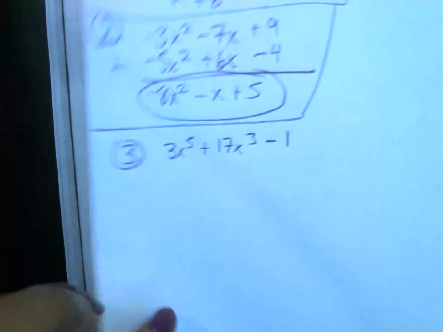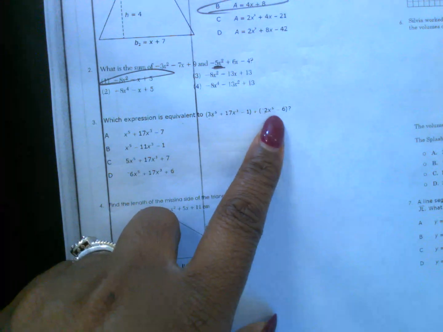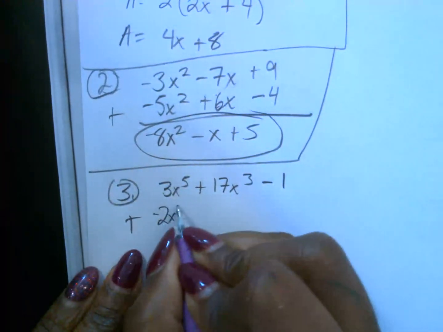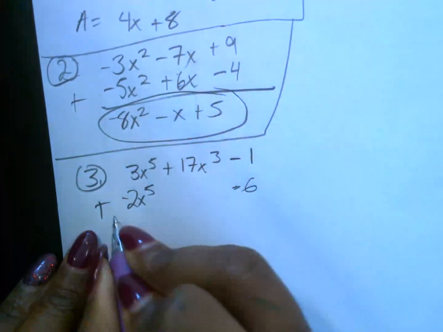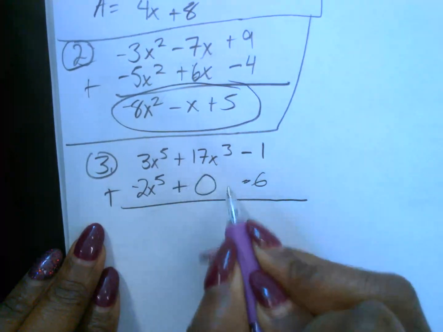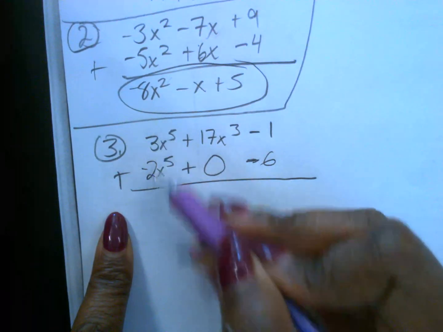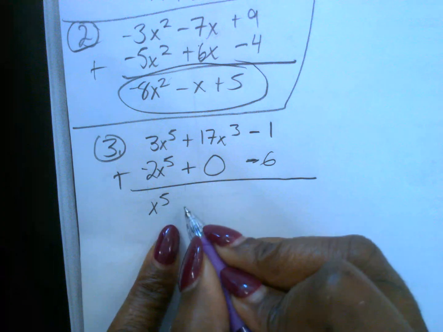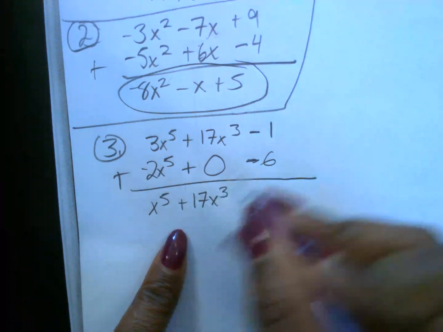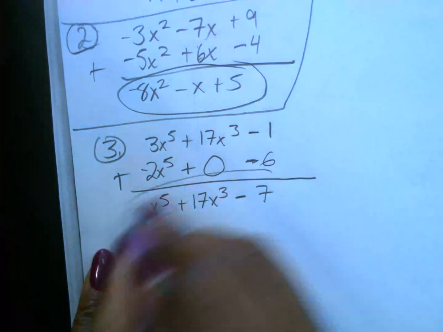We're going to add the like term for x to the 5th, which is -2x to the 5th. And then we have -6. I'm going to plug in a 0 as a placeholder here. Now I'm going to add. What does this give me? x to the 5th power. What does this give me? 17x to the 3rd power. Very good. And what does this give me? -7. Which answer choice is that? A. That's very good. That's A.